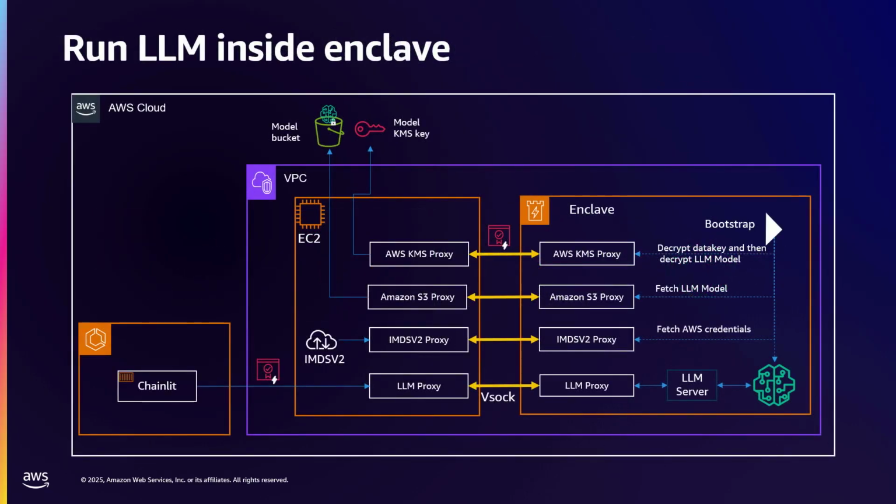And then what you see is a busy slide, so I'll walk you through. You have a network, right, the purple box. And inside that, you have an EC2 instance. And then on the right side, you have an enclave. The model weights are on the top. You can see the bucket where the model weights and the data key are encrypted.